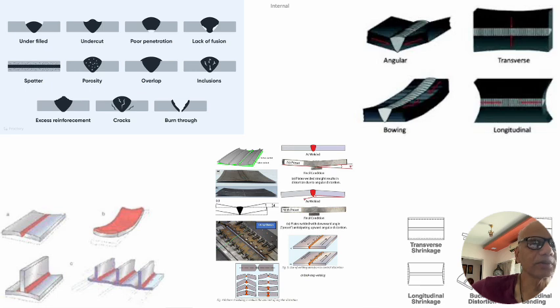The next defect, the last row, excess reinforcement. Any reinforcement which is a smooth transition, like a good speed breaker, if we are able to go over it, you hardly feel any jerk or a jump.